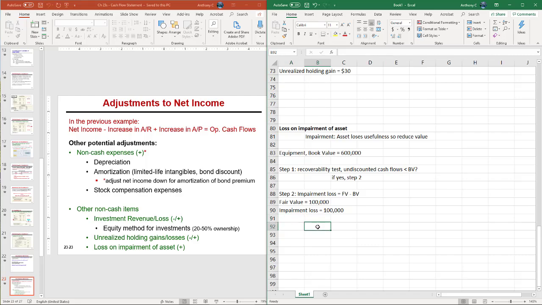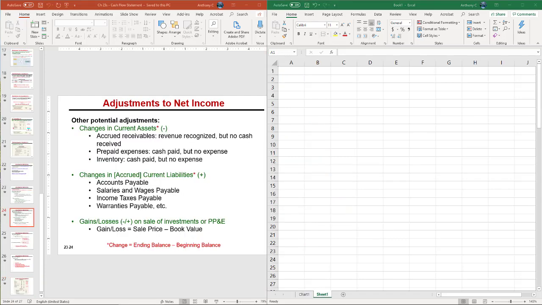So in this case, to journalize this, we would debit impairment loss for $100,000, and we end up crediting accumulated depreciation. So you'll notice in this case then, when we go through the accounting, cash is not affected by the impairment loss. So add this loss back into net income to get to a cash basis.